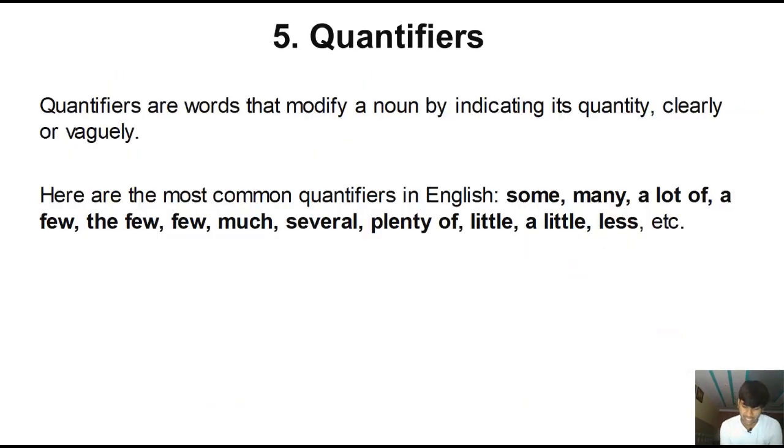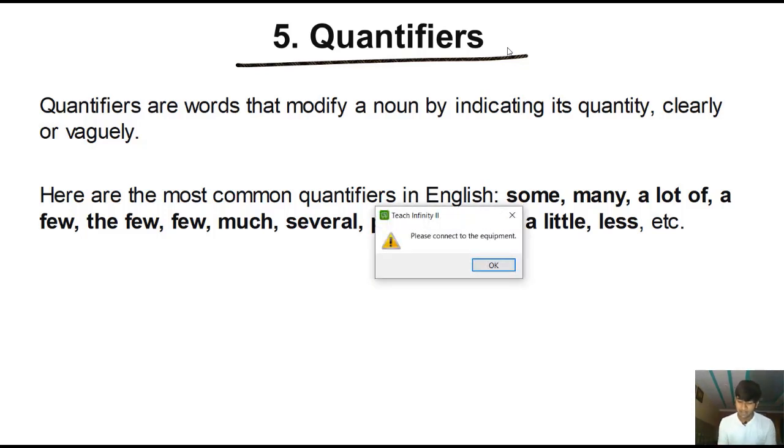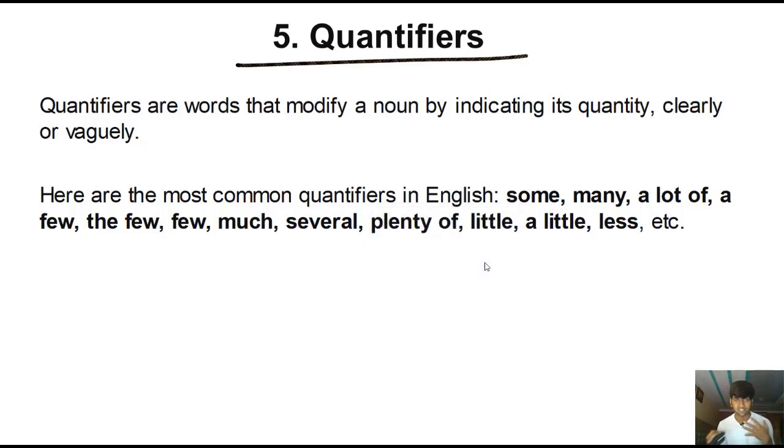Okay, the last type of determiner is quantifiers. Quantifiers are words that modify a noun by talking about their quantity, but the quantity is not specific. It's not a particular number, it is a vague quantity.